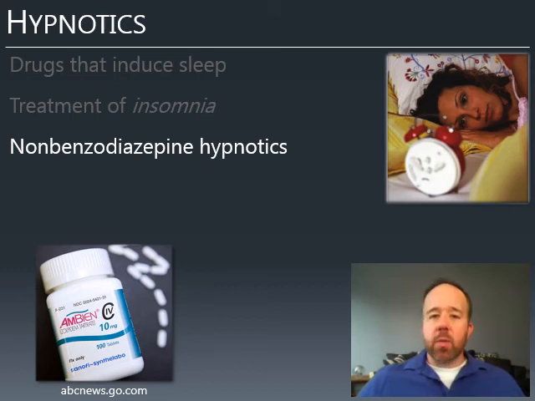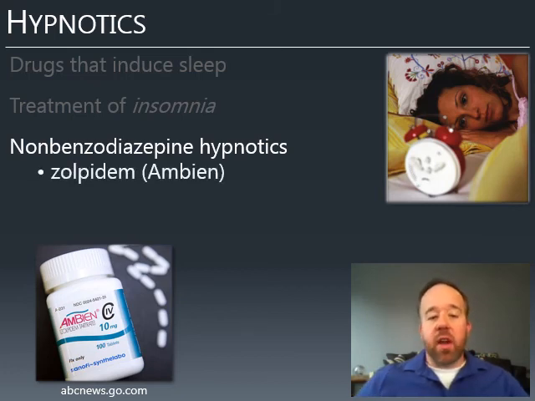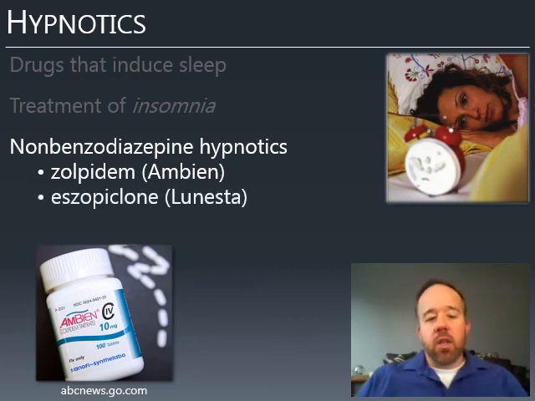So there are benzodiazepines, as we just talked about in the last slide, that induce sleep, things like Valium. But there are also non-benzodiazepine hypnotics. And these are things like Zolpidem, which is marketed as Ambien, and Eszopiclone, which is marketed as Lunesta.